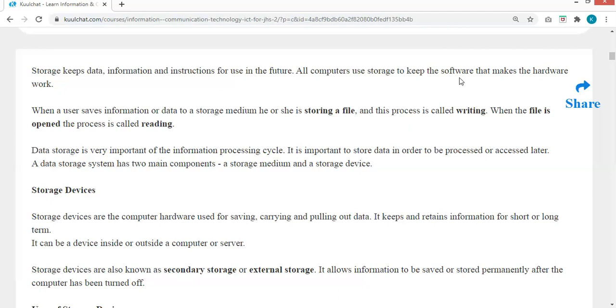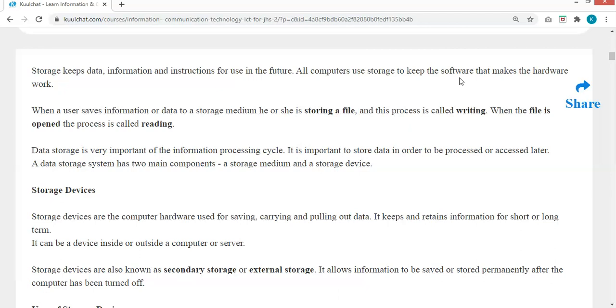Once you boot the computer, the software for the operating system is loaded, which enables you to see the Windows screen and enter your password and all those things. If there is no storage device, this software will not be able to do all those tasks. So you need those storage devices to store the software and other information as well.